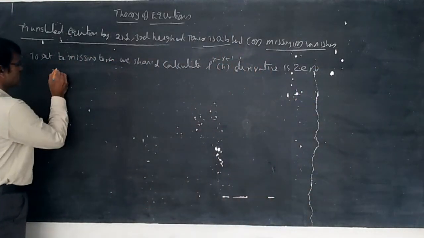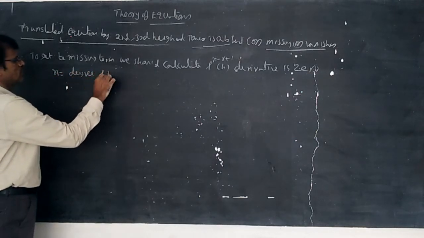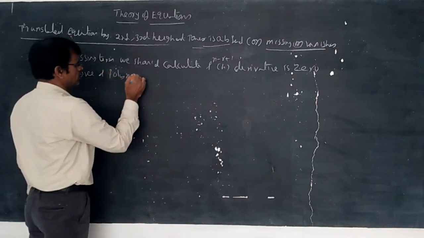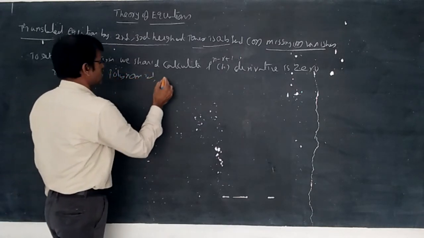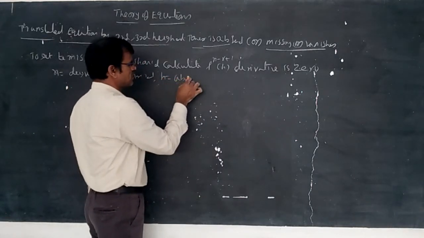So what is n? n is equal to the degree of polynomial, and r is equal to the absent term.